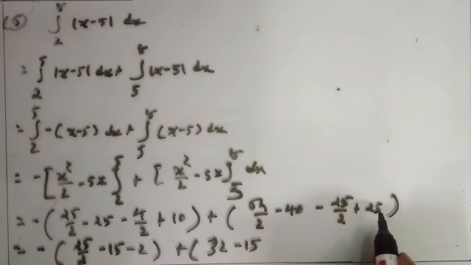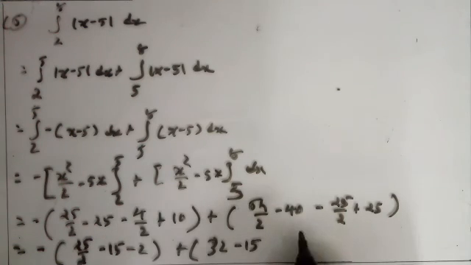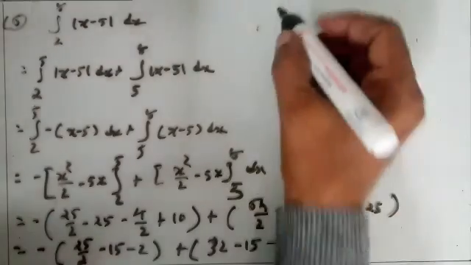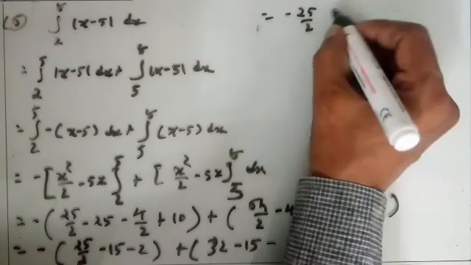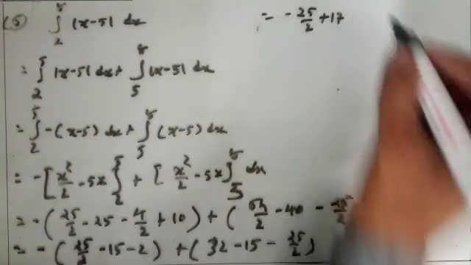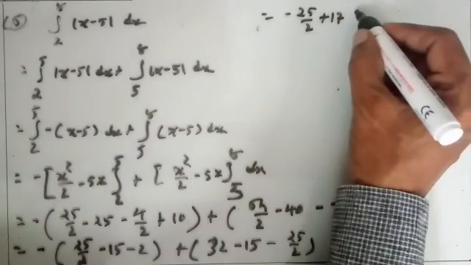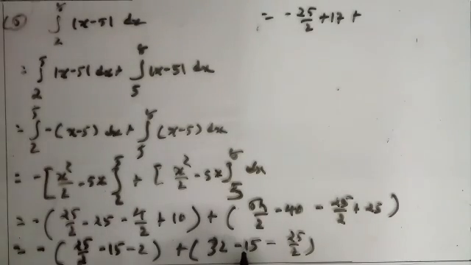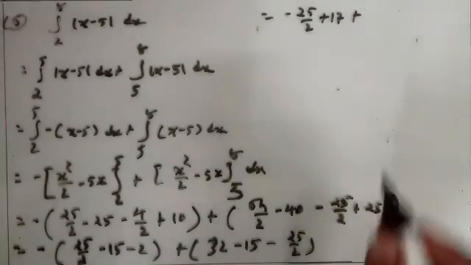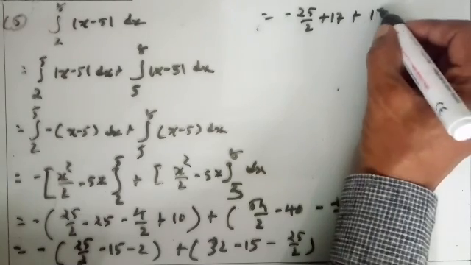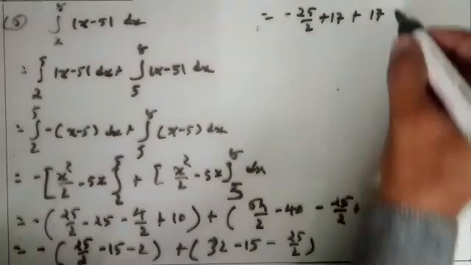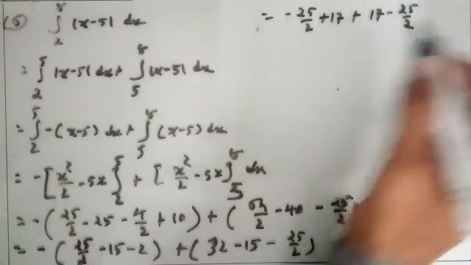5 plus 5 is 10, and plus 2, minus 25 upon 2. Now minus 15 minus 2 becomes minus 17, and the minus takes inside. So minus 25 upon 2 minus, plus 17 plus here becomes plus 32 minus 15 becomes 17, plus 17 minus 25 upon 2.